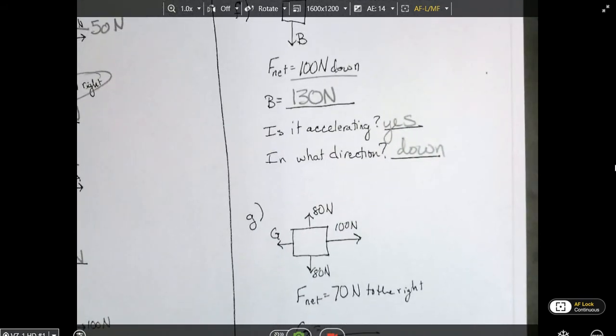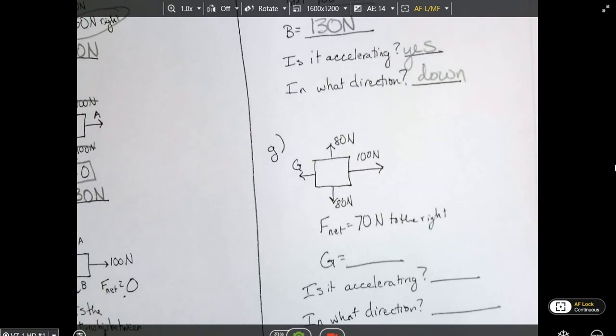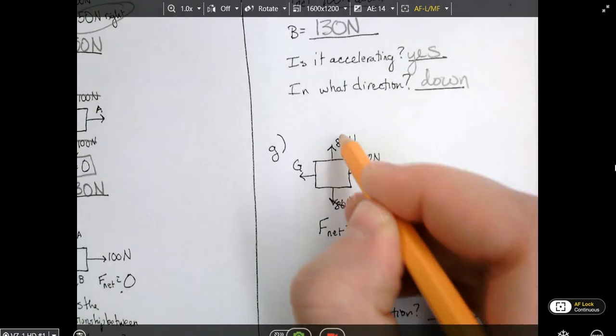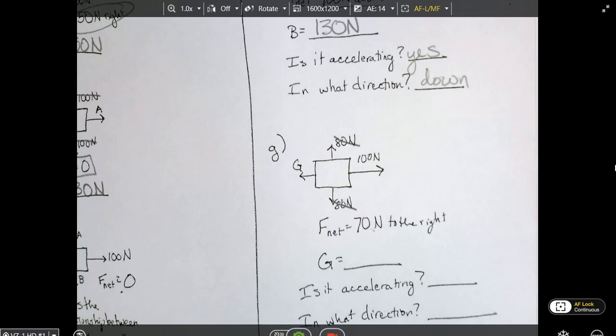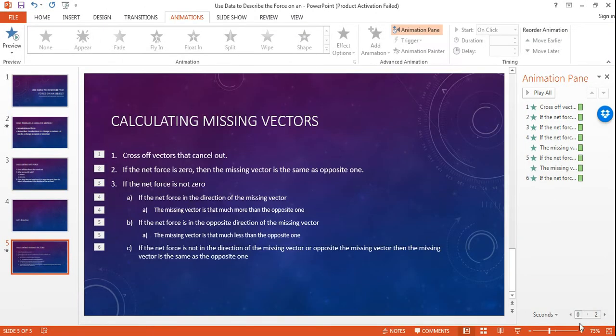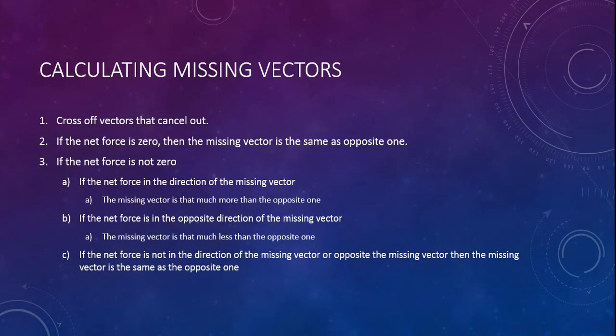Okay, let's look at our last practice one here that we're going to do together. The net force is 70 newtons to the right. The two 80s will cancel each other out. Now, we haven't seen one quite like this, so we have to go back here. If the net force is in the opposite direction of the missing one, the missing vector is that much less than the opposite.